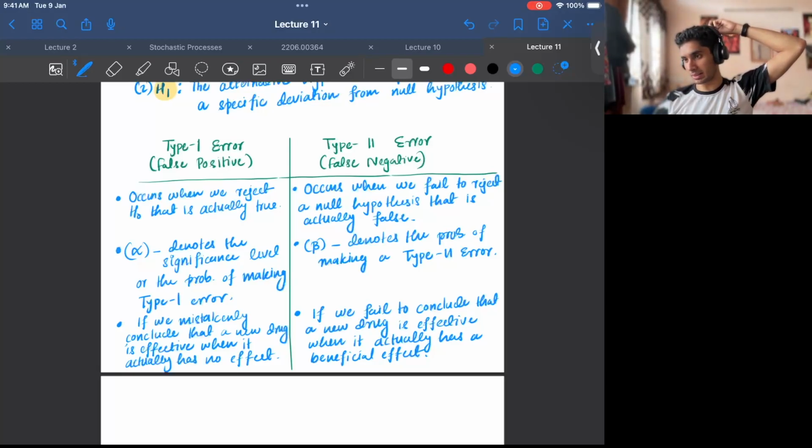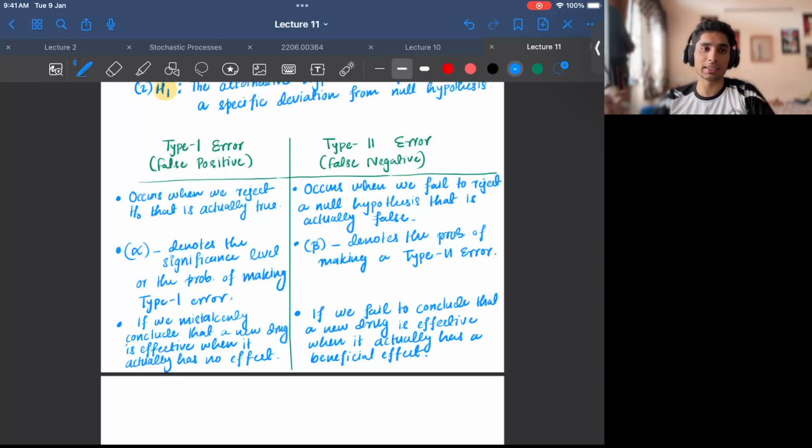For example, in this case, let's say there was a drug and it was actually effective, and you're saying that it's not effective. In some sense, that will cost you more. It's like you are missing out on some opportunity here.